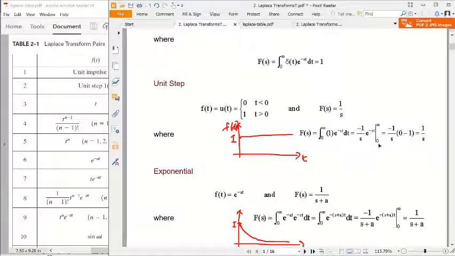And then if we substitute t equal to 0, e to the power of 0 equals 1. So you multiply with this, you should end up with 1 over s. So this is the equivalent function in s domain for unit step. In time domain, unit step equals 1, and in s domain it will be equal to 1 over s.